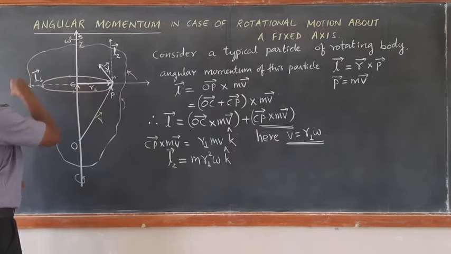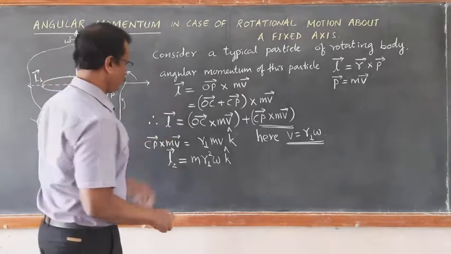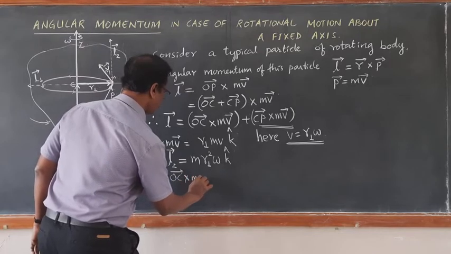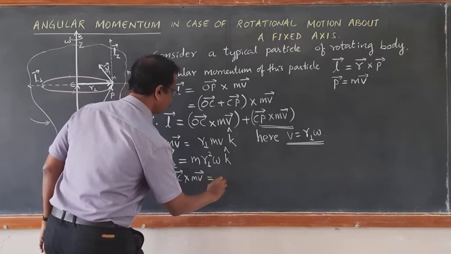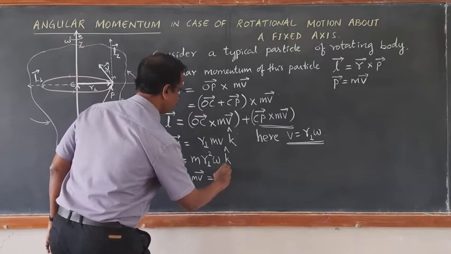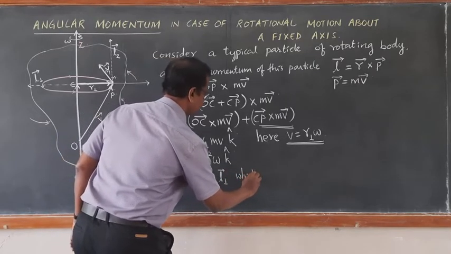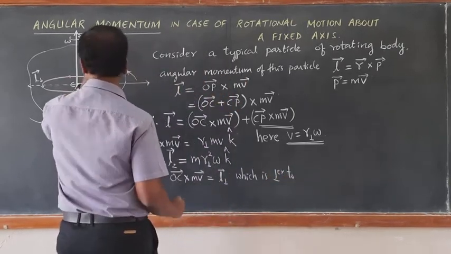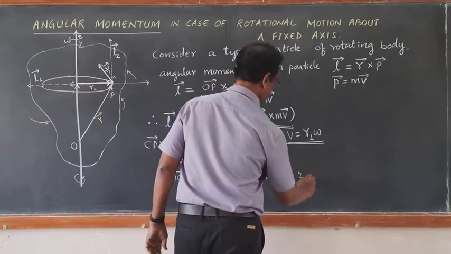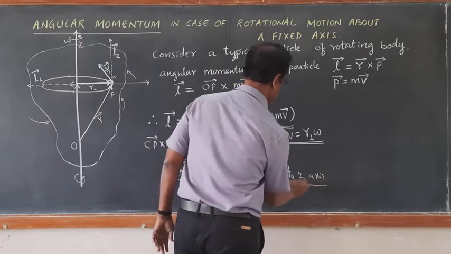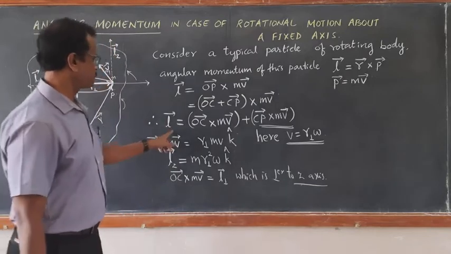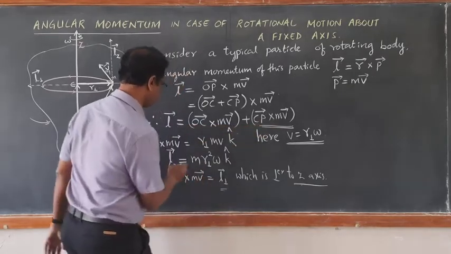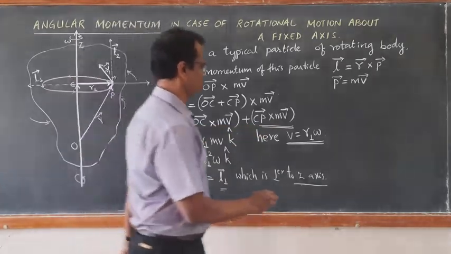Therefore OC cross mv is equal to L perpendicular, which is perpendicular to the z axis. Therefore, if you add this, substituting L perpendicular and the second bracket, that is Lz, the total L becomes thus.